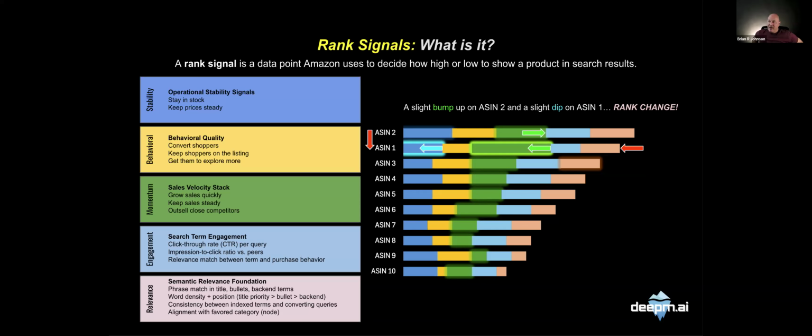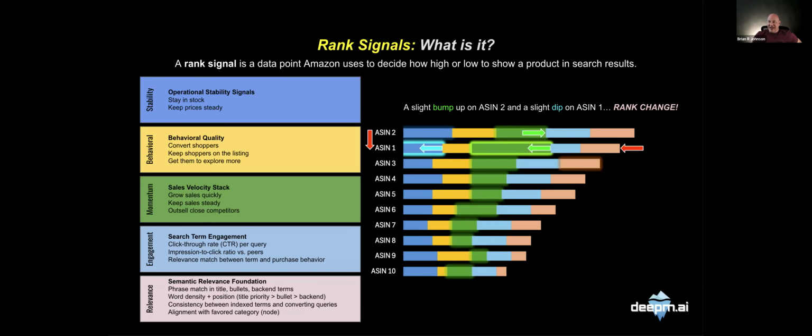So you may be the tallest bar in your niche for a specific search term, but for a different search term, you're down here at ten. You're the weakest. It depends on what you chose to optimize on. And so it's going to vary by search term.